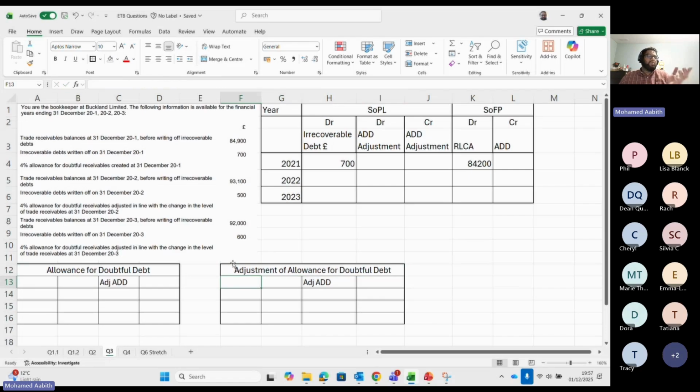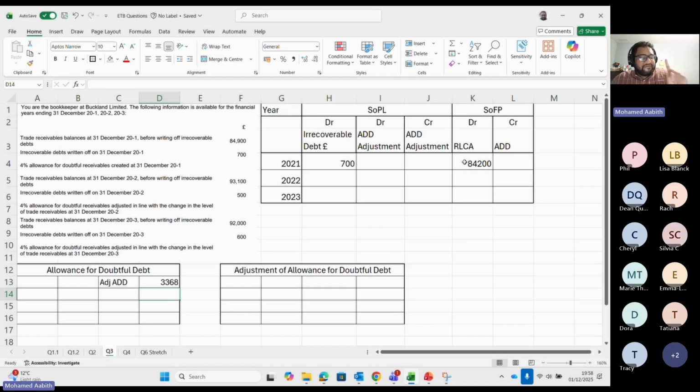We do ADJ, ADD. That's how I write it down. So here, adjustment for allowance for doubtful debt is going to be equal to that times 4%. Well done, guys, if you got that right already.